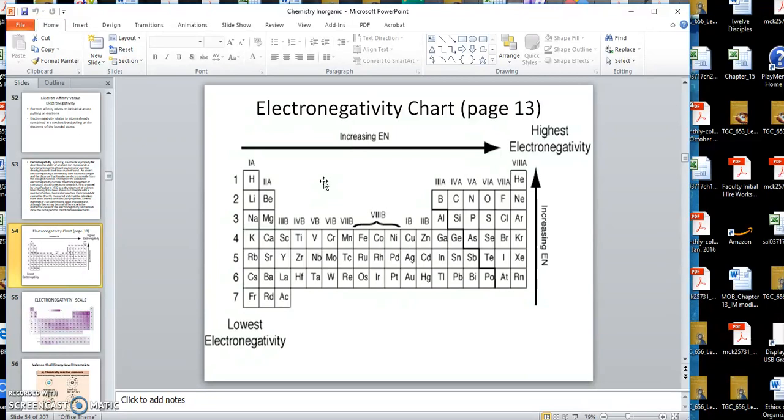Obviously, it would be easier to give up those 3, because then the shell below would be filled, than to grab 5. So in my chart, as we move across this way, we're adding extra electrons.